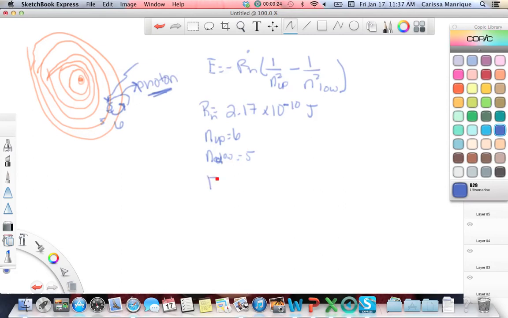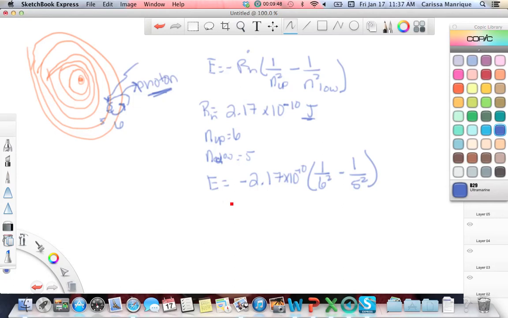So we plug this in, energy equals minus 2.17 times 10 to the negative 18. Oh, and notice these don't have units, but this does, so our final unit will be in joules. So 1 over our upper level, which is 6, so we're going to do 6 squared, minus 1 over our lower level, which is 5 squared.